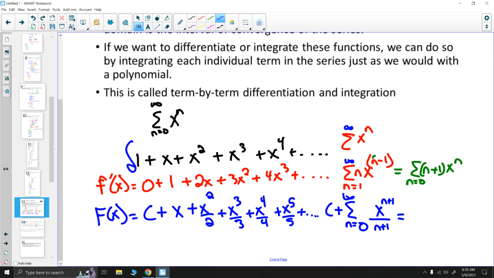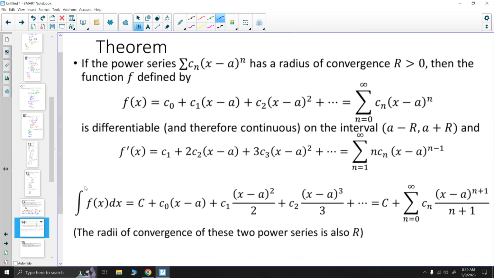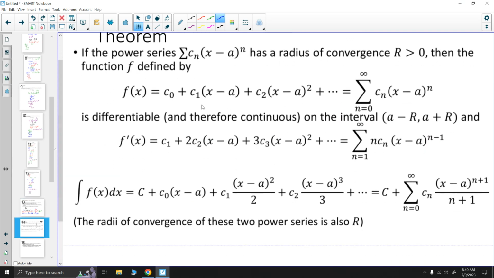Okay, so let's take a look at what's officially going to be defined here. So if the power series, sum of c sub n, x minus a to the n, has a radius of convergence r greater than 0, then the function f is defined by this statement, c sub naught plus c sub 1 times x minus a plus c sub 2 times x minus a squared, so on and so forth, which can be written by this series.